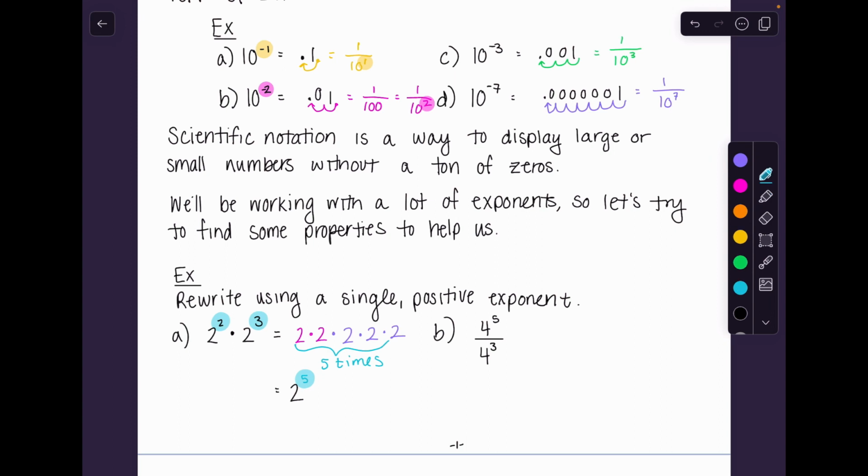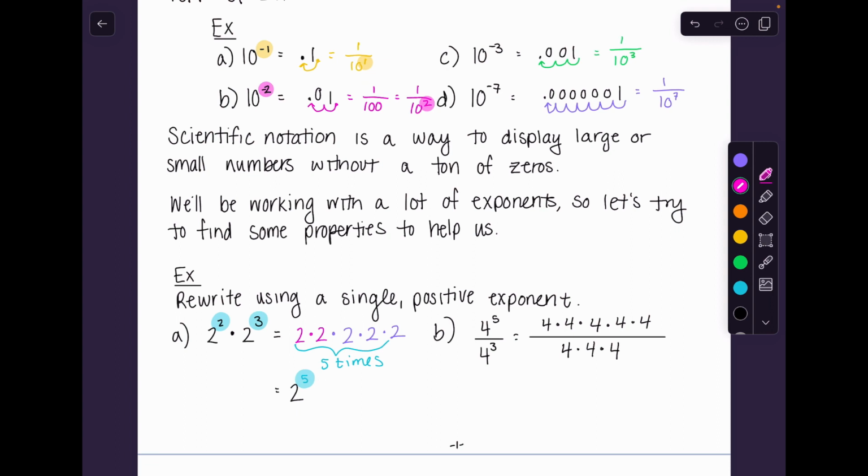When we have division, you know division and subtraction go hand in hand, so this one's going to turn out to be subtraction. So multiplication will turn to addition, and then division will turn into subtraction. But just to show you, 4 to the 5th means multiply 4 5 times. 4 to the third means multiply 4 3 times.